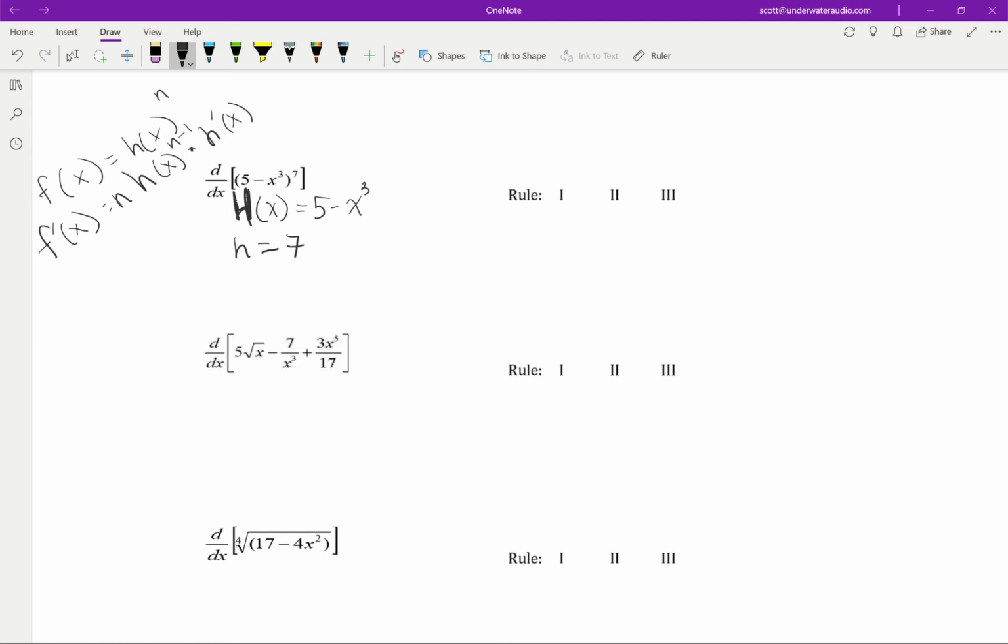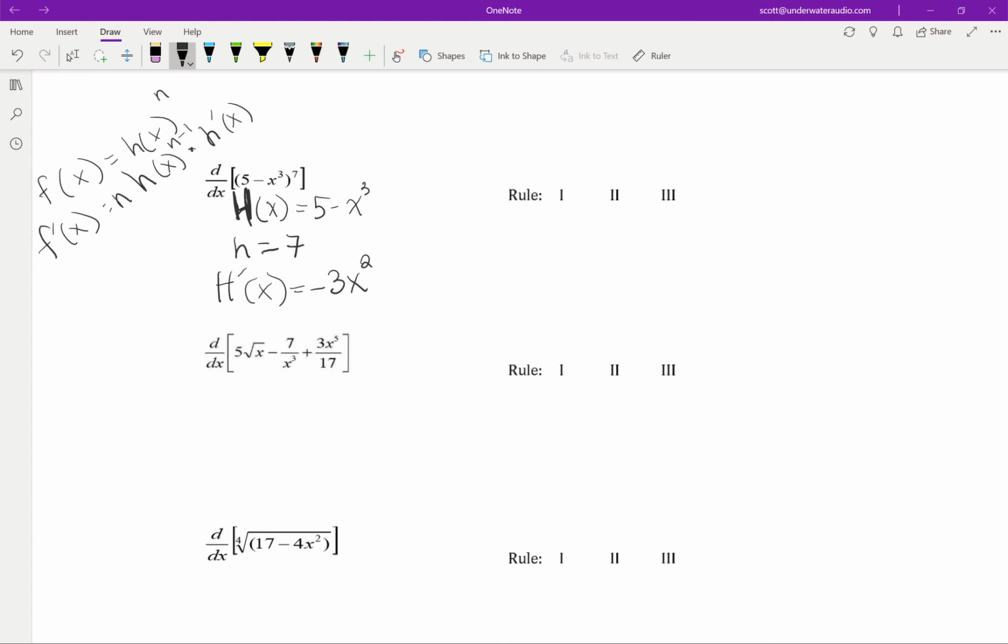So I need to find what h prime is. The derivative of a constant is 0, so the derivative of negative x cubed is what I need. That would be negative 3x to the 3 minus 1, or 2.